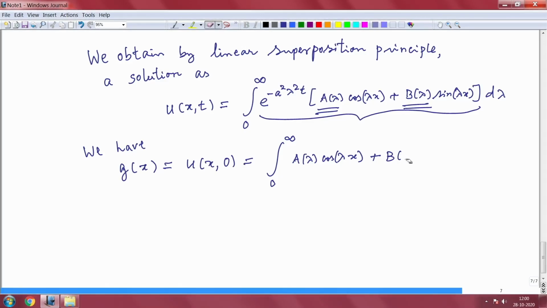In fact, it is quite easy to explain using the Fourier transform technique, but since many of you may not be familiar with it, I am just putting forward some formal arguments. But eventually it will lead to the same thing.